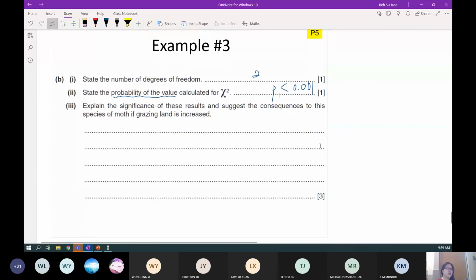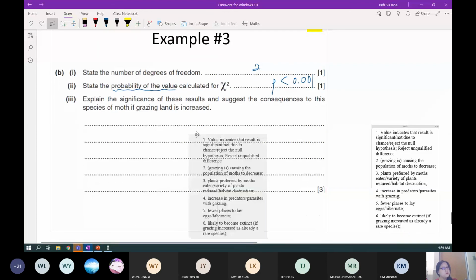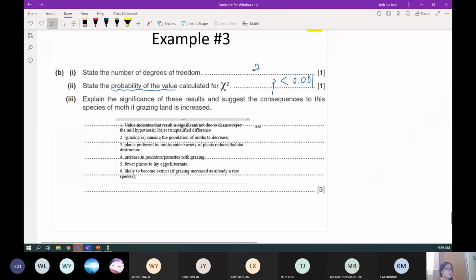The next is explaining the significant result and suggesting the consequences to this morph. I'm just going to paste the mark scheme here onto the OneNote so we can see it together.